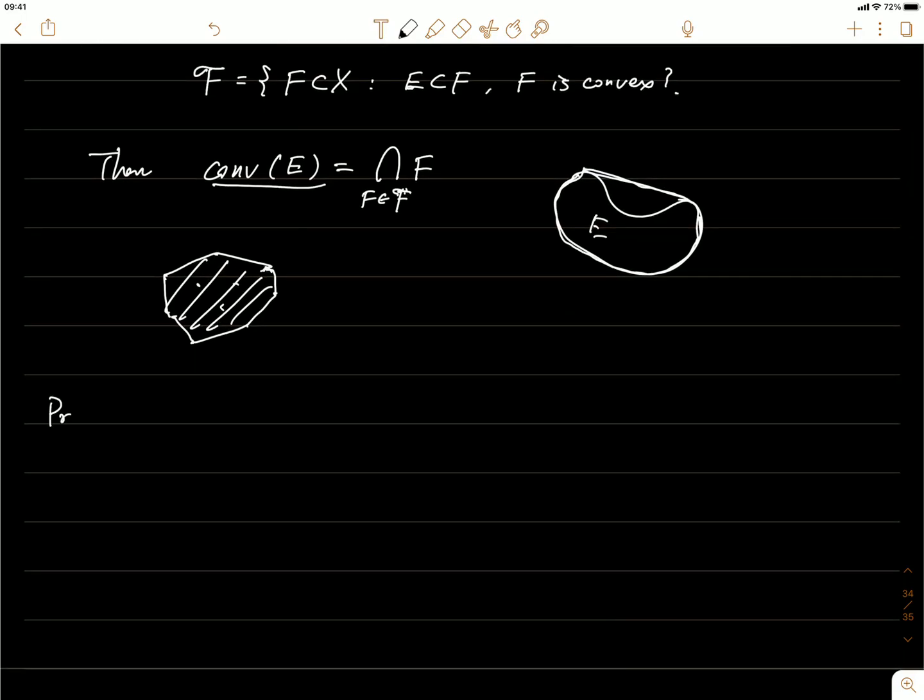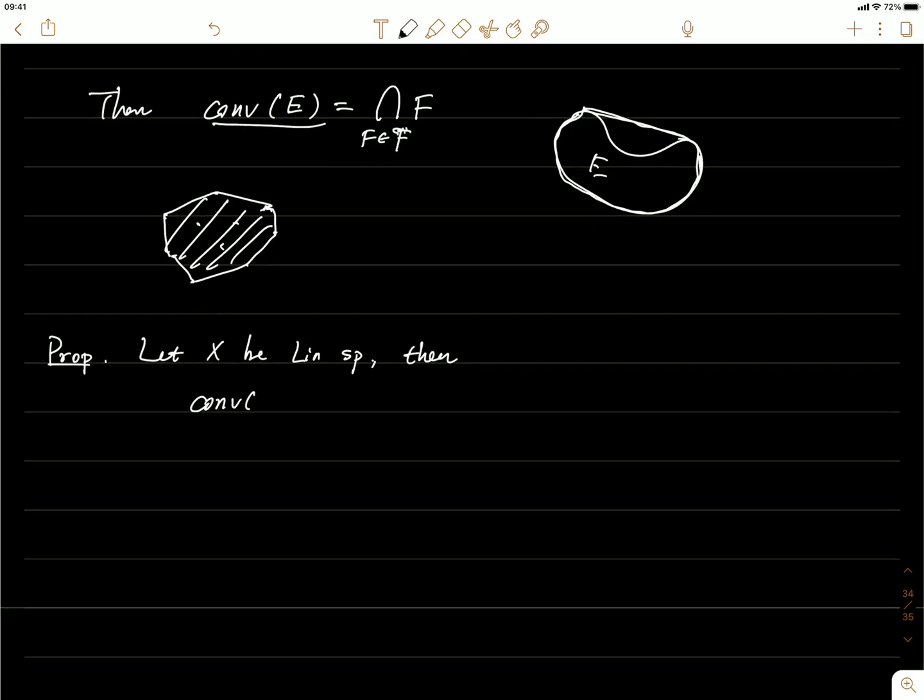Now I'm going to give a more mathematical characterization of the convex hull. Let X be a linear space. Then the convex hull of E is just all the convex combinations of points inside E. I write this as the sum of a_i x_i, i from 1 to n, where the x_i's are from the set E, and n is arbitrary. You can pick arbitrarily many points from E and make a convex combination of them.